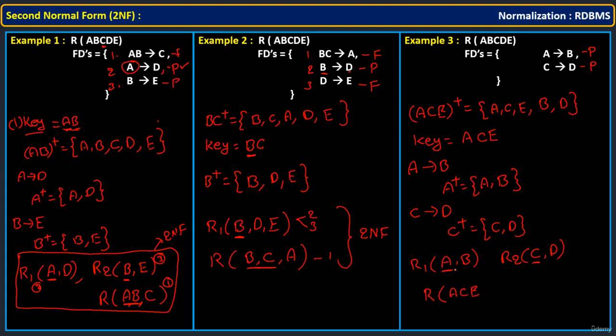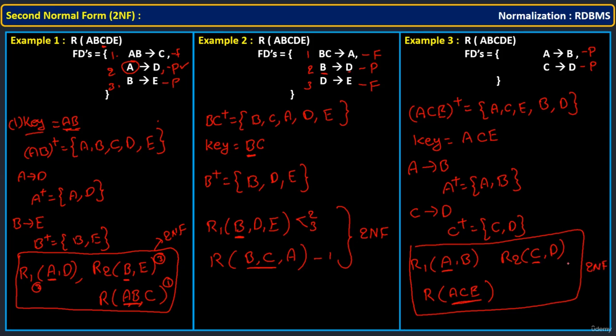Okay, so B is covered here, D is covered here, and all other attributes are covered. So that's it, only the primary key we have in the original table now. Okay, so this is example 3. So in this way, now all these 3 relations are in second normal form.